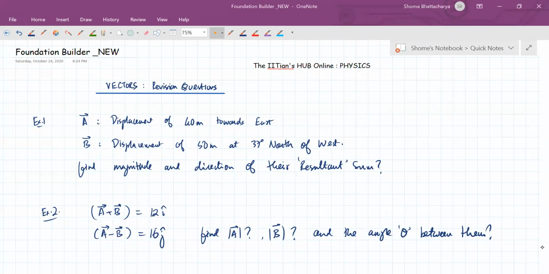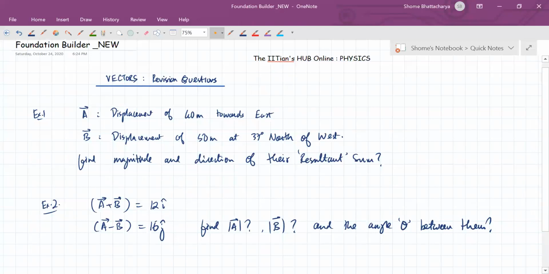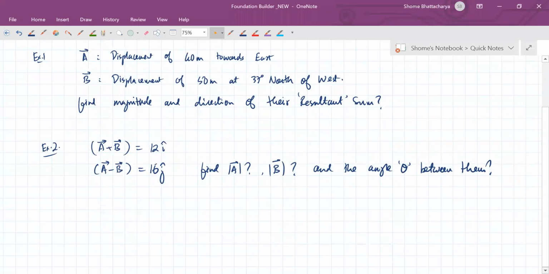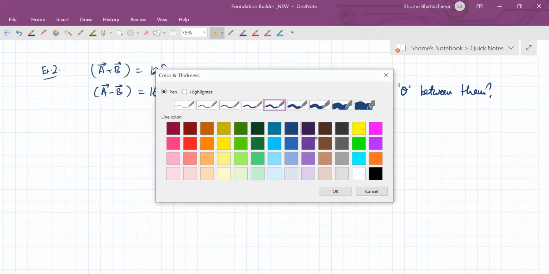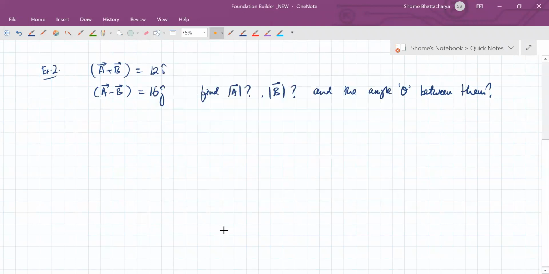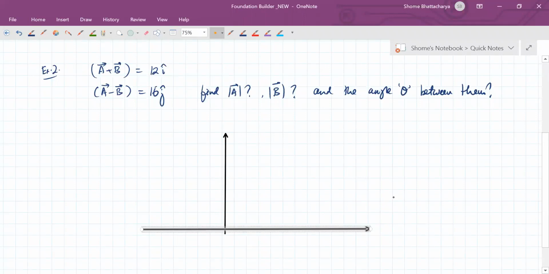Okay, so let us understand these two questions quickly. So the first one is easiest to do by component algebra, because you can see the angles and directions and all are given. No? So if you just follow the instruction in the question, you take this as your north direction and this as your west direction. I mean west to east. Okay.